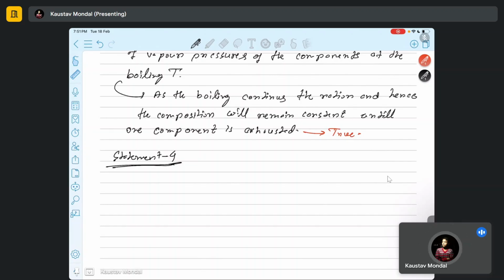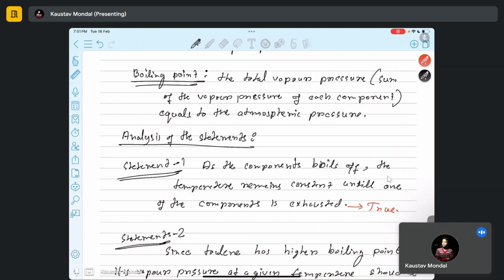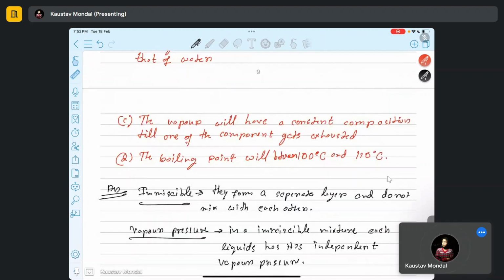So at 100 degrees centigrade only the water boils, but that is not true for toluene, because for toluene to get the vapor pressure equal to the atmospheric pressure, the temperature should be 110 degrees centigrade.